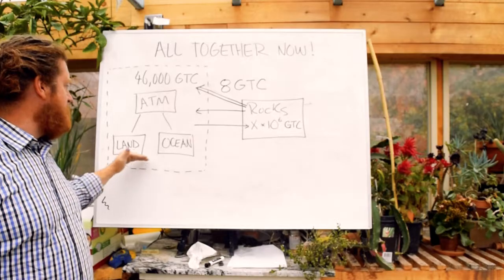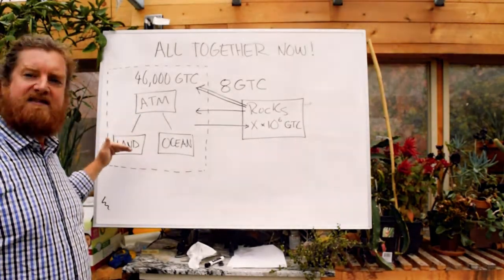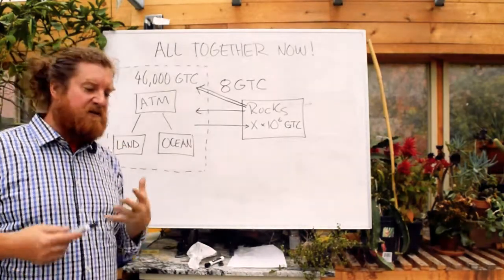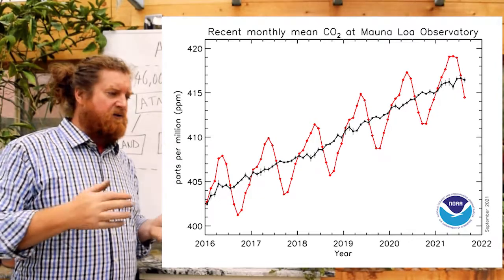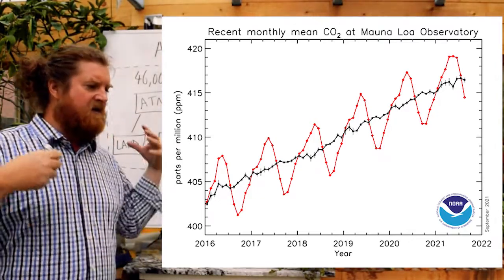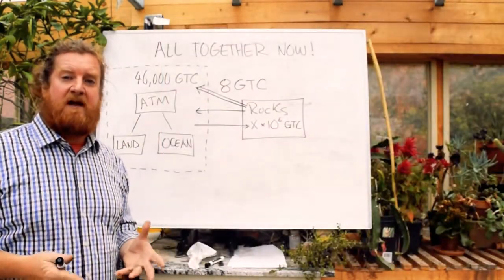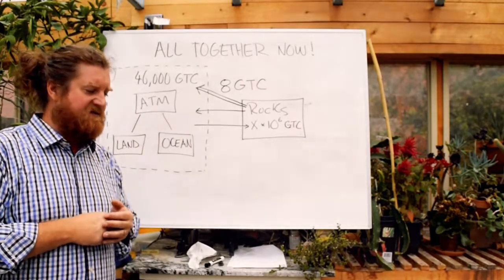That decreases the ability of photosynthesis to act as a sink, right? It pulls less carbon out of the atmosphere because there's literally less biosphere. So we see this happen in an annual cycle, right, with the seasonality when plants are growing and plants are dying. But here, we're actually getting rid of plants, and in most cases, we're burning them, so that CO2 is going straight into the atmosphere.